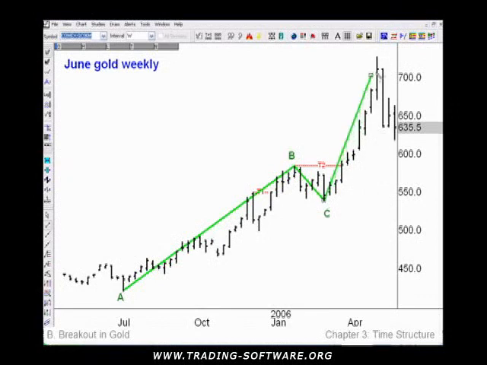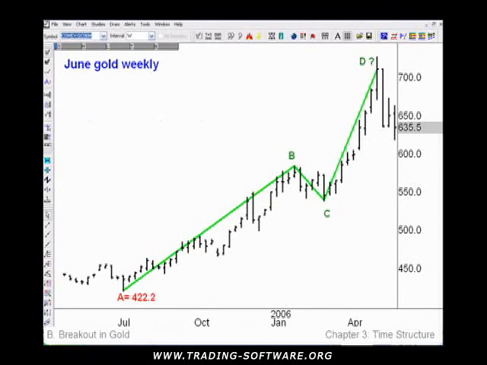Well, how high up should point D be? If you're just using the conservative measured move theory that says AB ought to equal CD, in other words, the CD leg should stretch out to just the same distance as A to B, we can see how far point D ought to get.